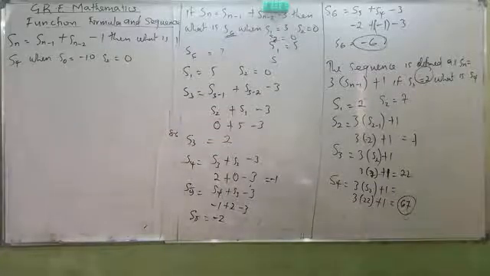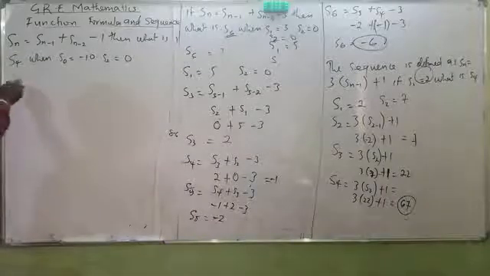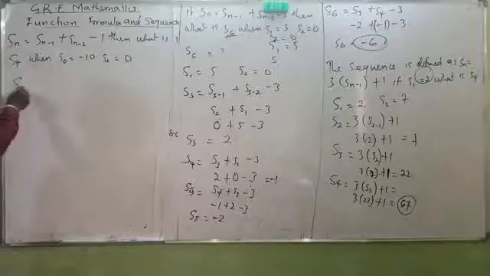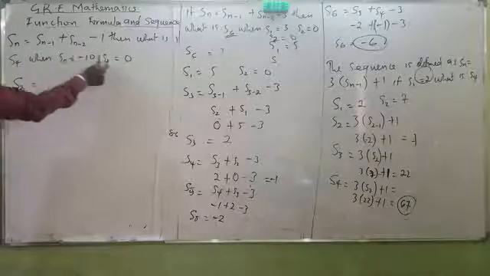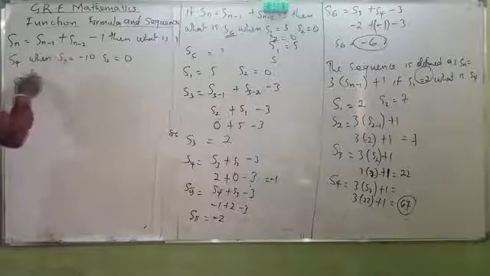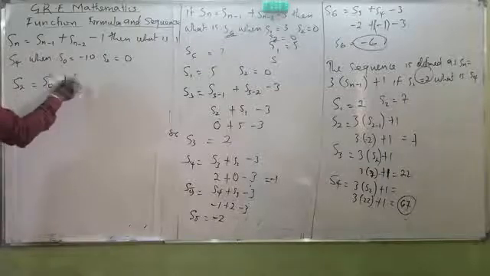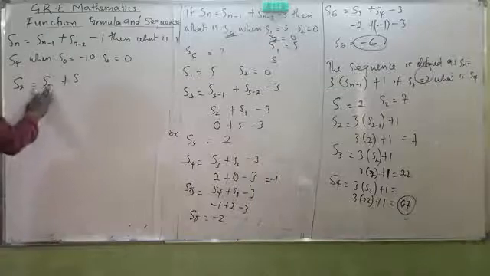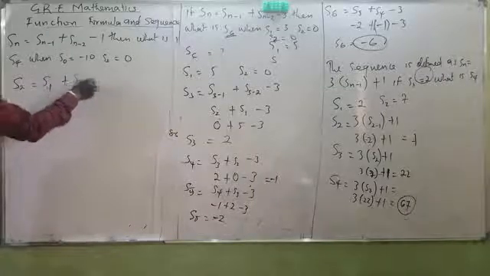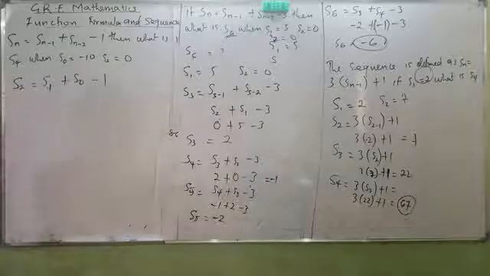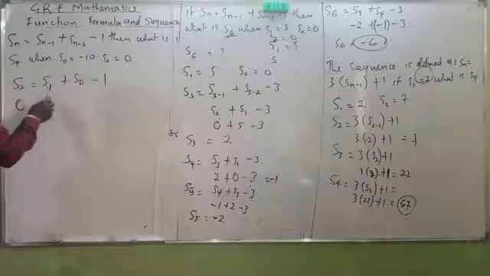Now, this time around, there is omission of S1, which I don't need to stress myself about. I will know that my S2 will be equal to S1 plus S0 minus 1.